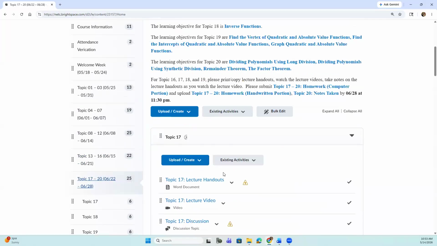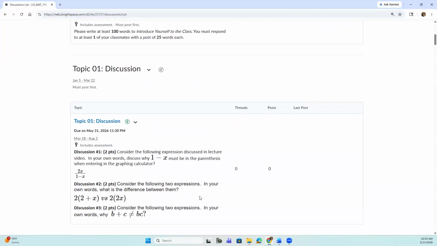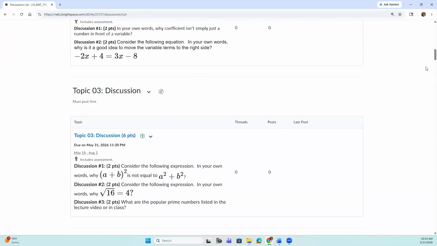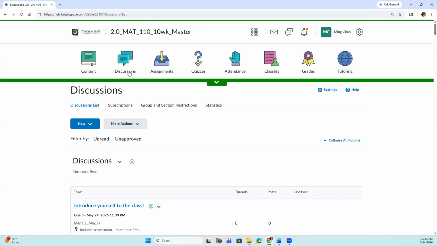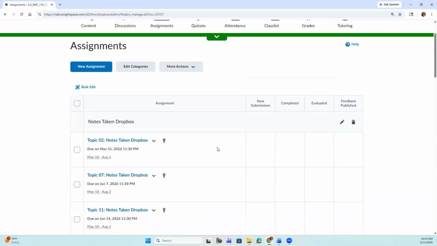So let me go back up here real quick before I move away. As you can see, if we click on discussion, this is direct access to all the discussion questions. Let's go all the way straight down. You click on assignments. Assignments is where all the Dropboxes are located.